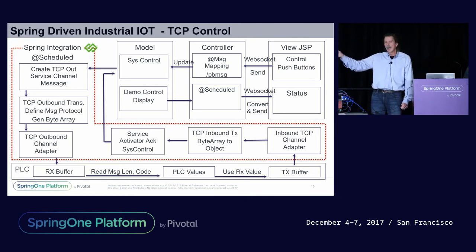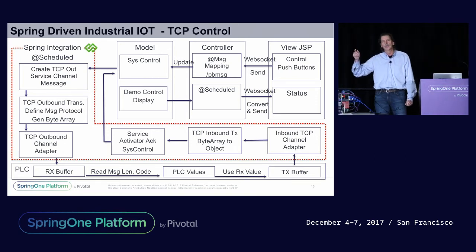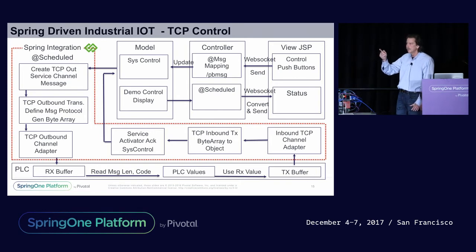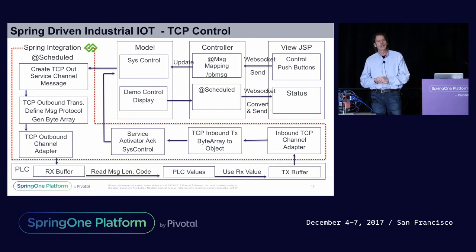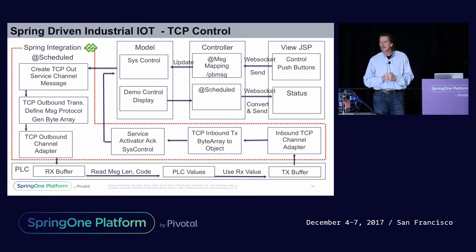And then likewise, you have to build that message back up as a byte array out of the controller to send it back up. And that comes in on the inbound TCP channel. And then in the transformer, we convert that byte array into objects that can be used inside of the IoT bridge.